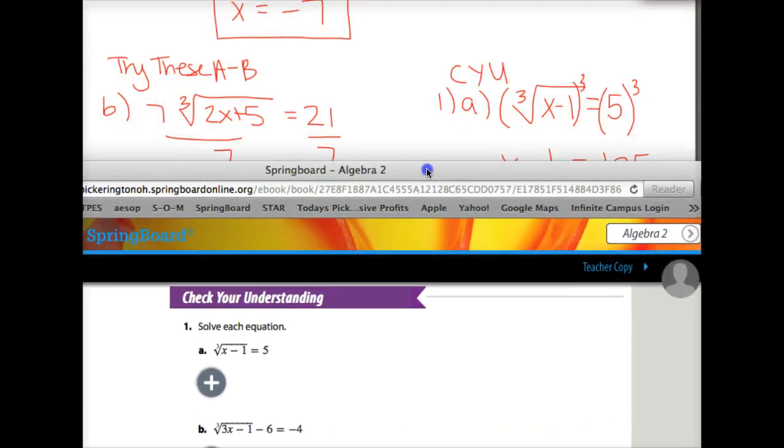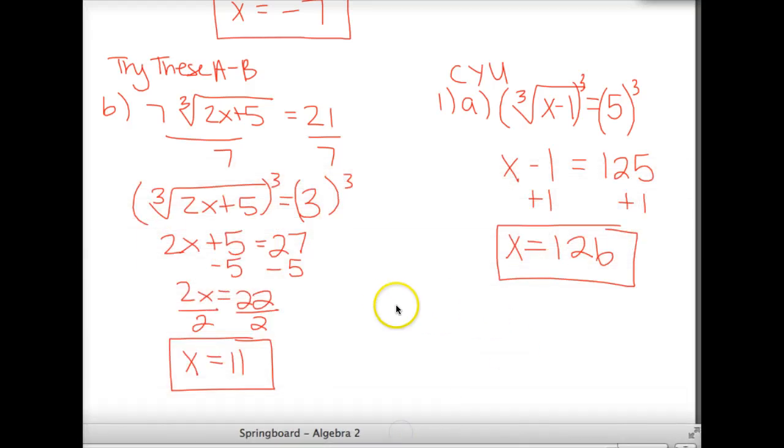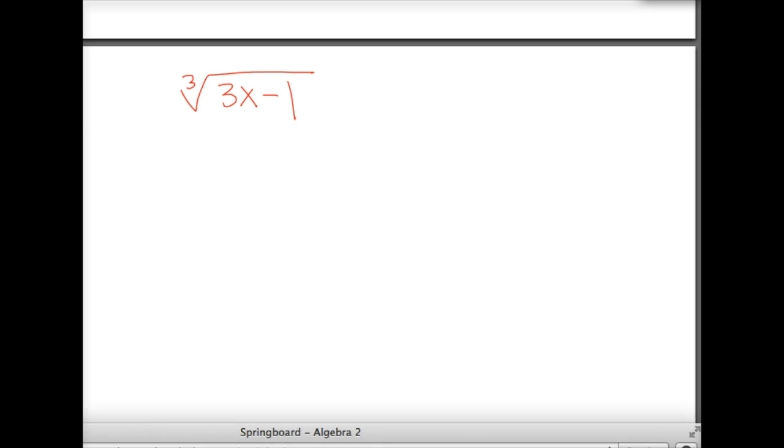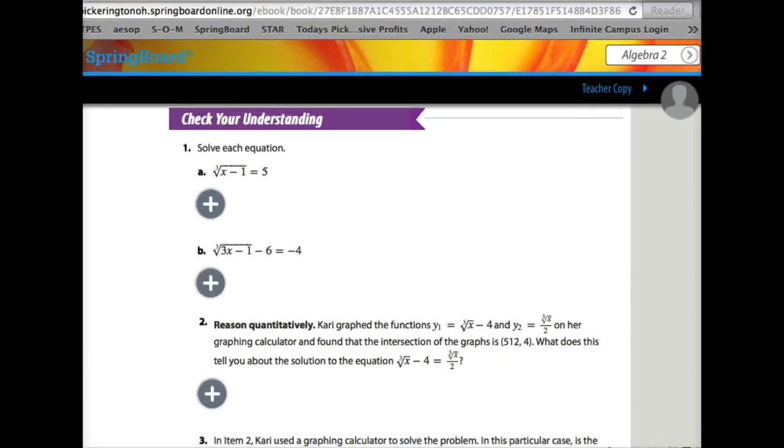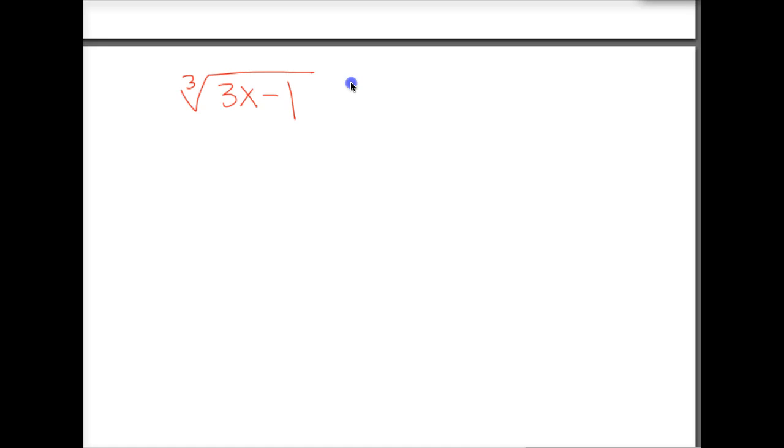So it's cube root of 3x minus 1 and then minus 6 equals negative 4. So again, pause this for a couple minutes so you can help each other with your calculators and work through finding the answer. And once you think you've got something, then press unpause so you can listen to my explanation.